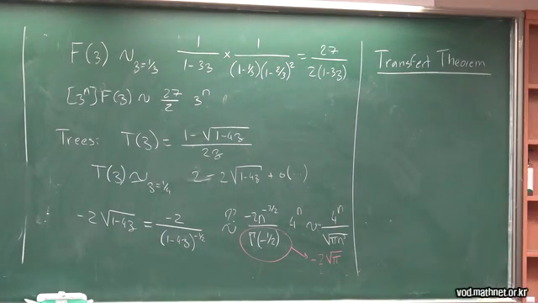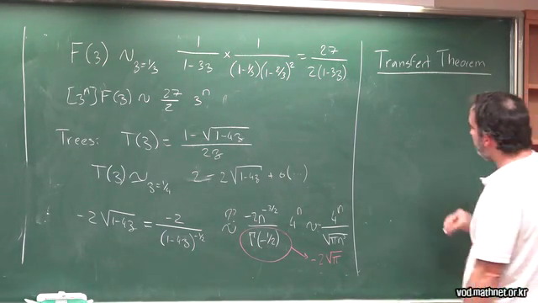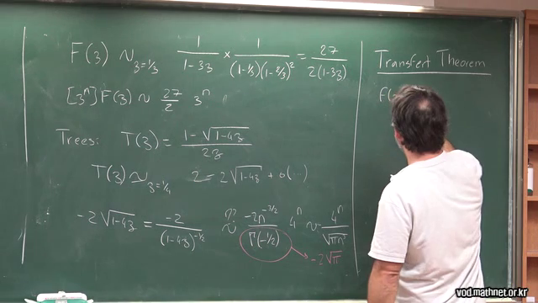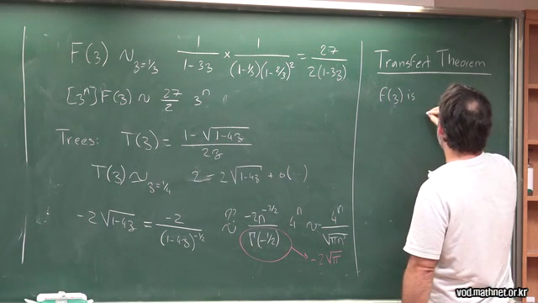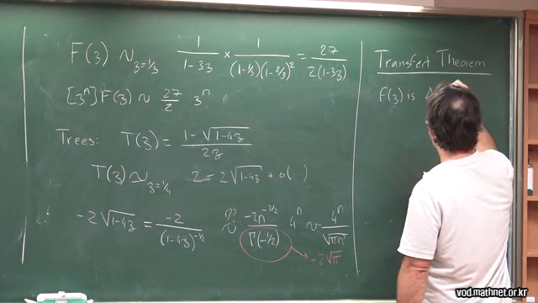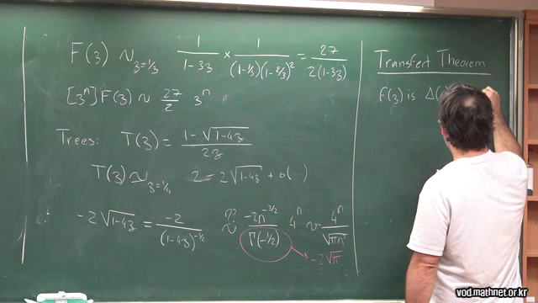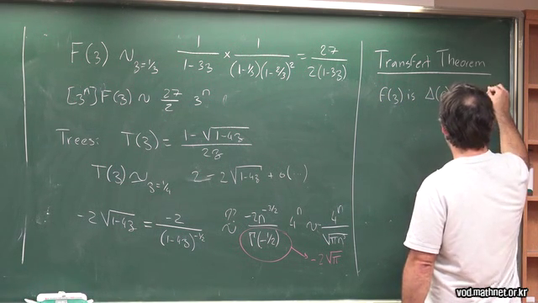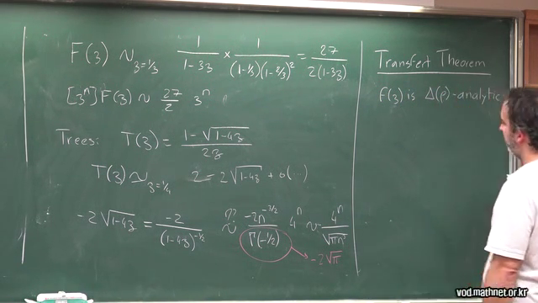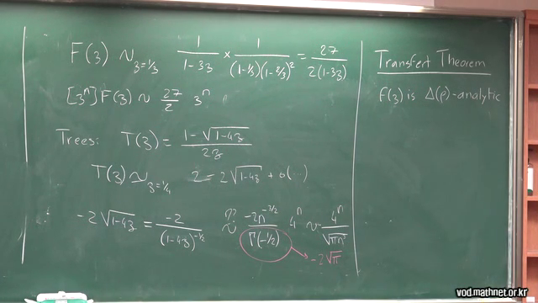And so the transfer theorem is the following. If f of z is delta rho analytic, I tell you what it means, it's an analyticity condition, just after.